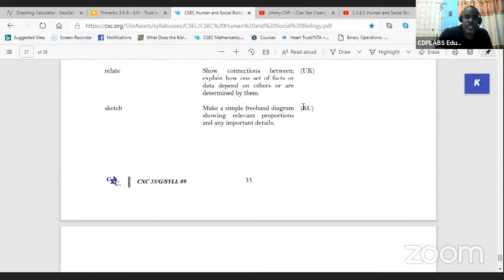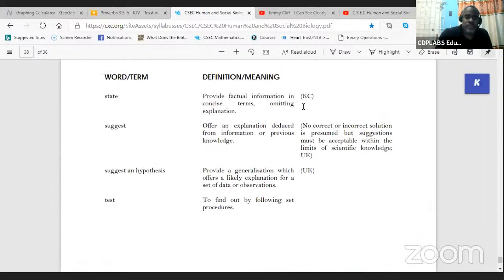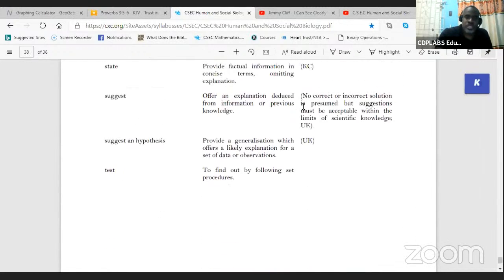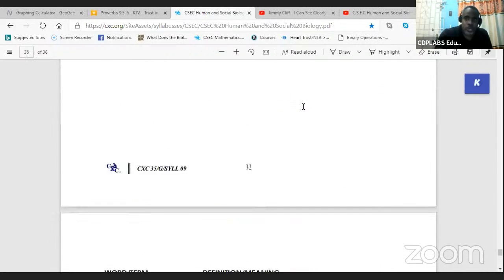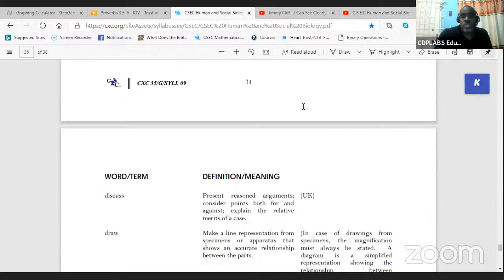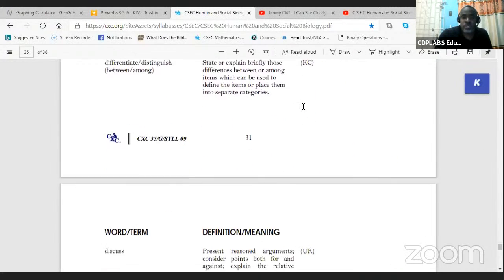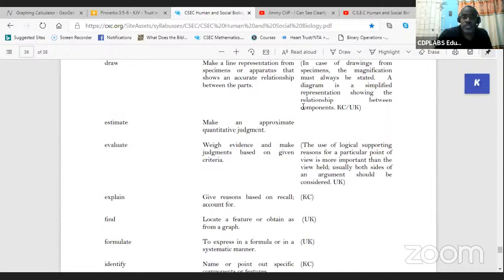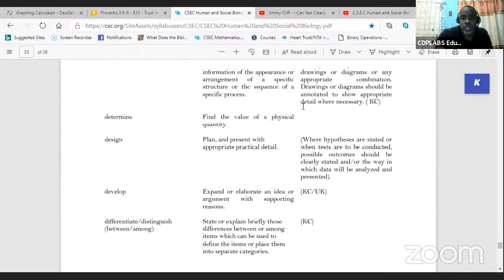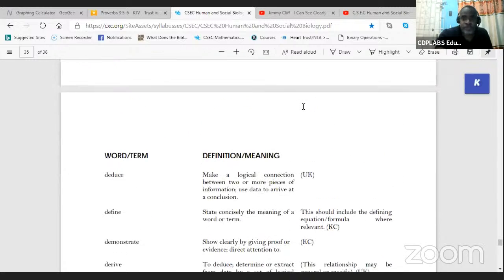So basically, you can take some time out of your busy schedule, because you should be getting busy after this to do some work. Go through the syllabus for yourselves. Go through the objectives, sorry, the glossary, and finally, no, I keep saying the word finally. This is the last finally.